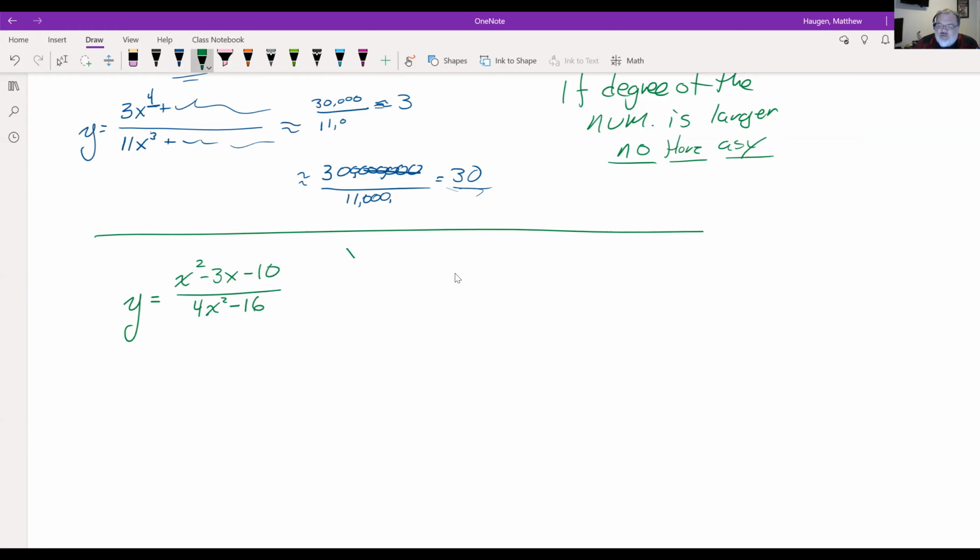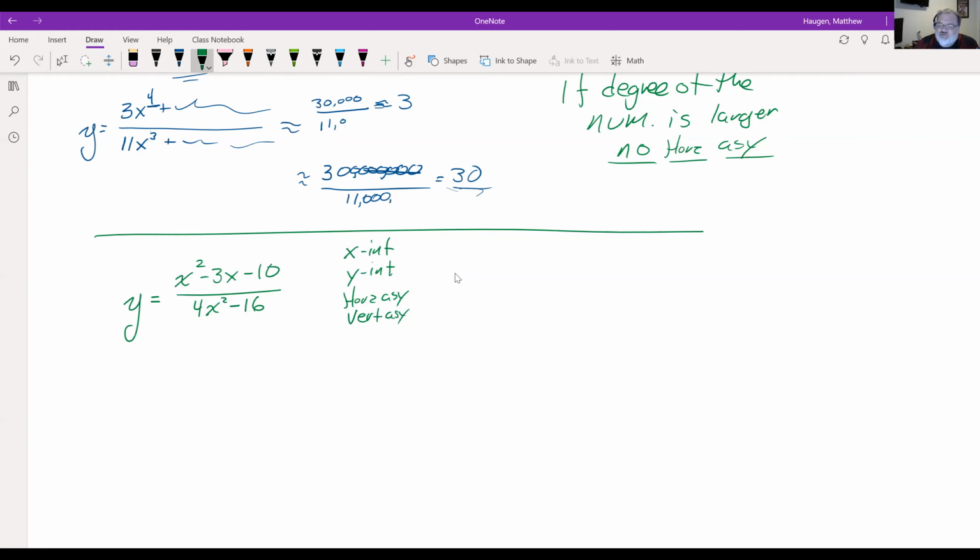And we wanted to talk about what are the x-intercepts, what is the y-intercept, what is the horizontal asymptote, if any, and what are the vertical asymptotes, if any.